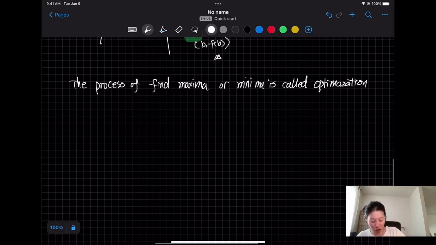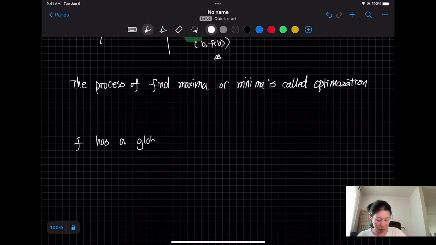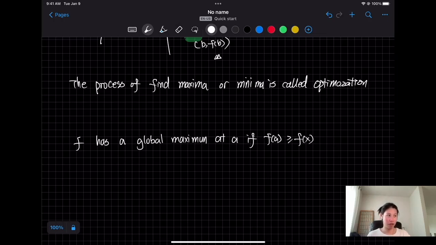By the definition, f has a global maximum at a if f of a is greater than or equal to f of x for all x in the domain of f.